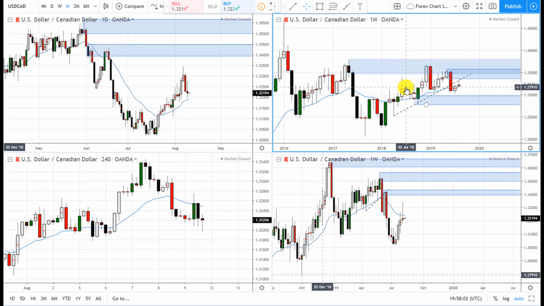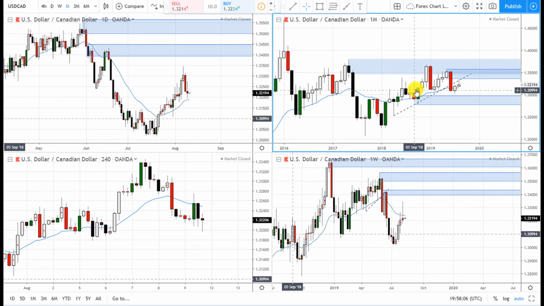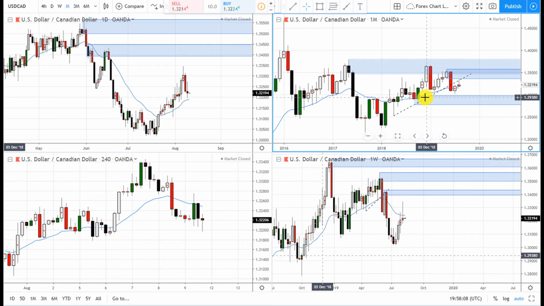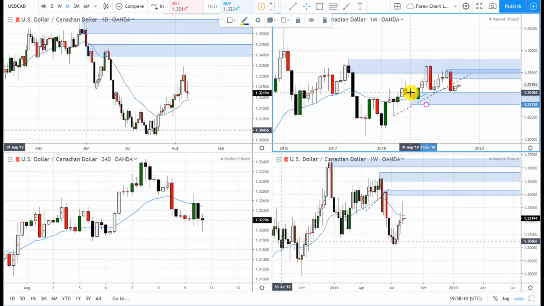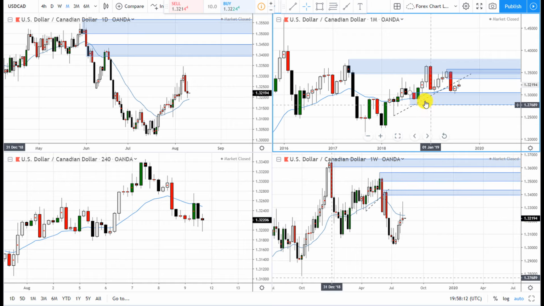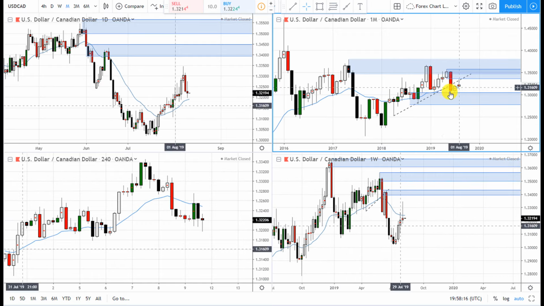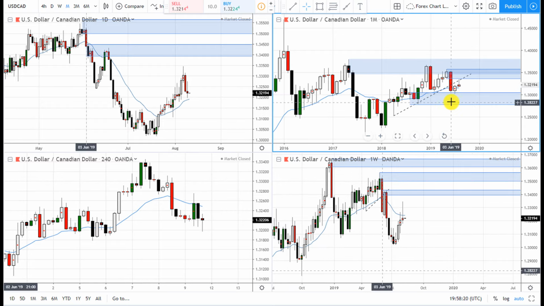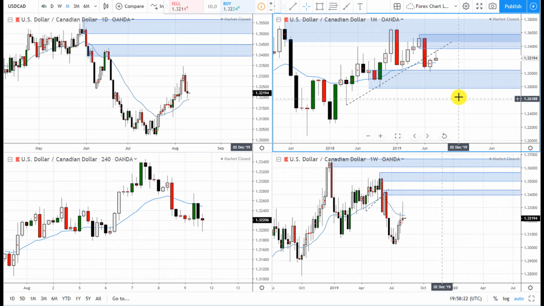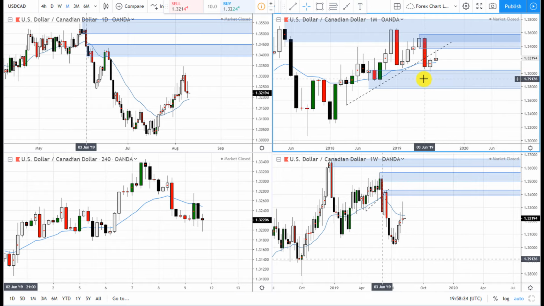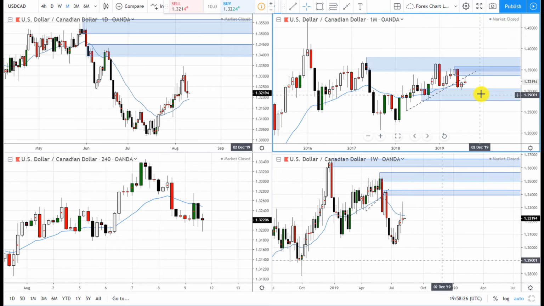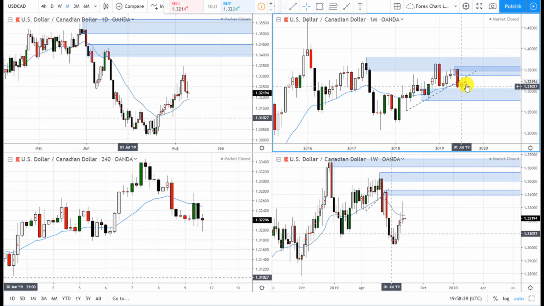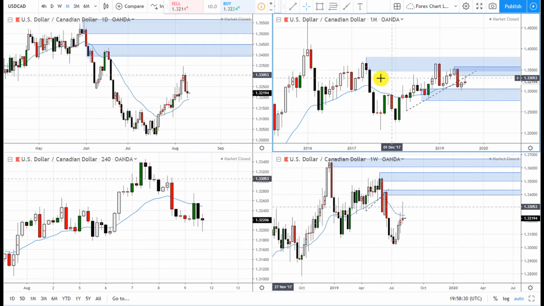But we also have demand right here, but this demand is not really strong, because as soon as the momentum broke, this zone is not really high probability anymore. But regardless, it is still holding price.